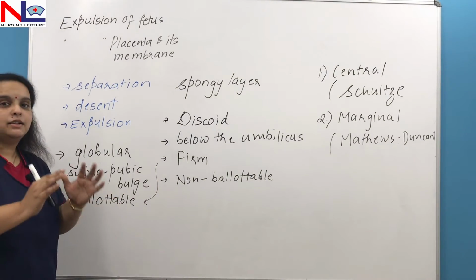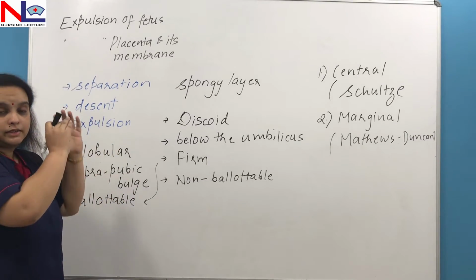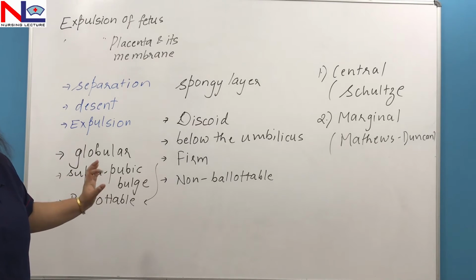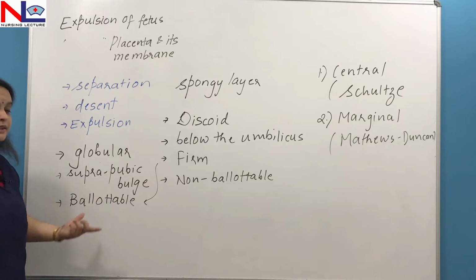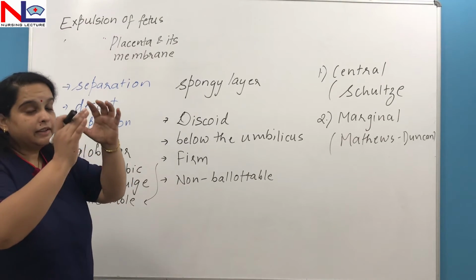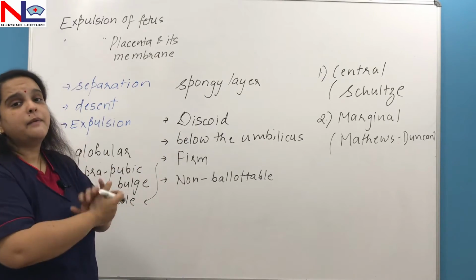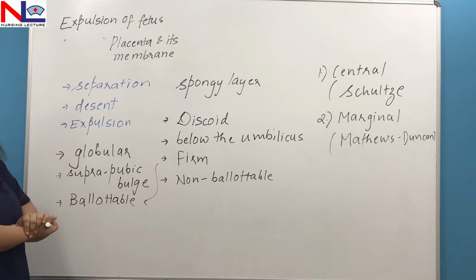So these are the signs through which you can identify that the placenta is detached, separated, and descends down into the lower segment, right? There is the globular shape, there is a suprapubic bulge, the height of the uterus goes slightly up from the umbilical region, and the uterus is ballotable.